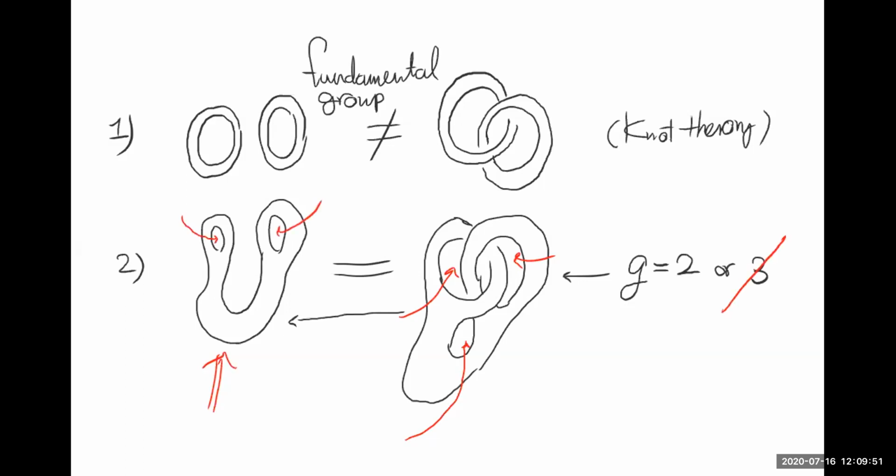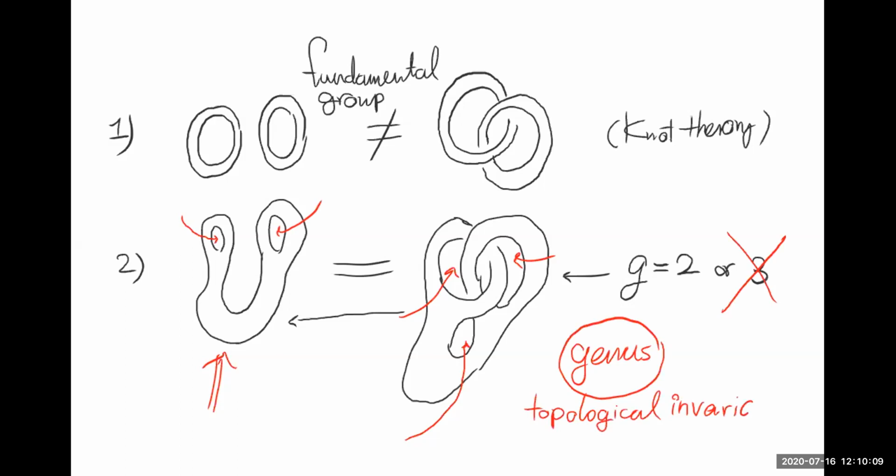So the answer is 2. The genus is equal to 2. The genus is something which doesn't change as we deform our object. It's called a topological invariant, something which doesn't change as we deform our object.